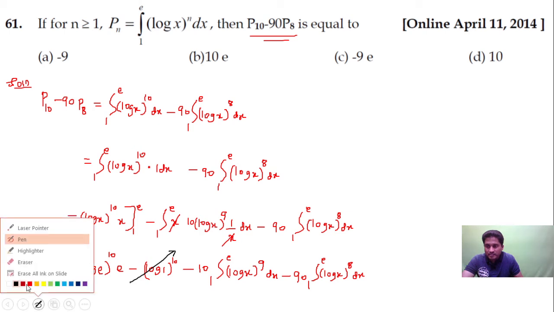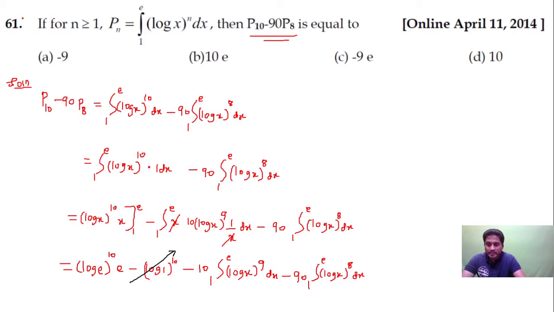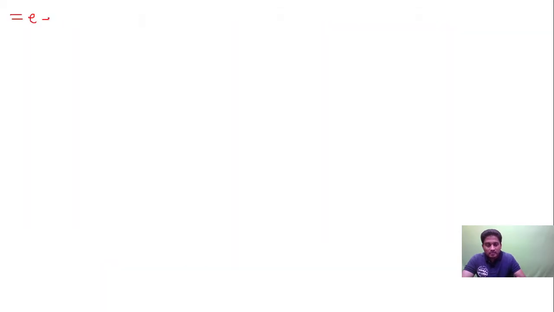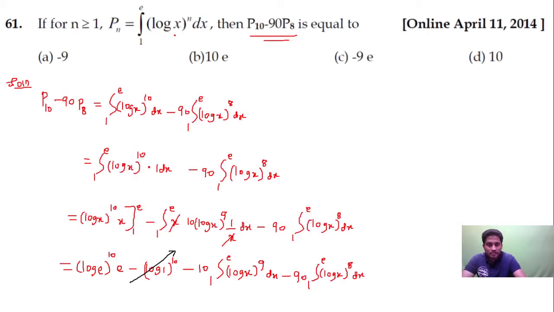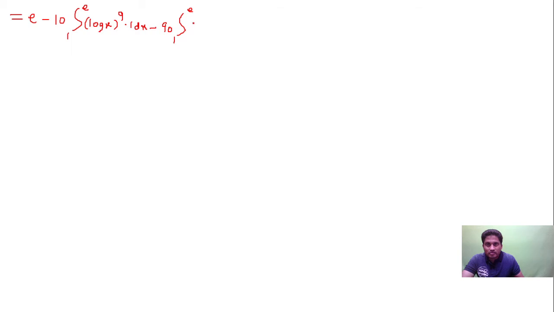So this can be written as e minus 10 times the integral with lower limit 1 and upper limit e of (log x)^9 into 1 dx, minus 90 times the integral from 1 to e of (log x)^8 dx.